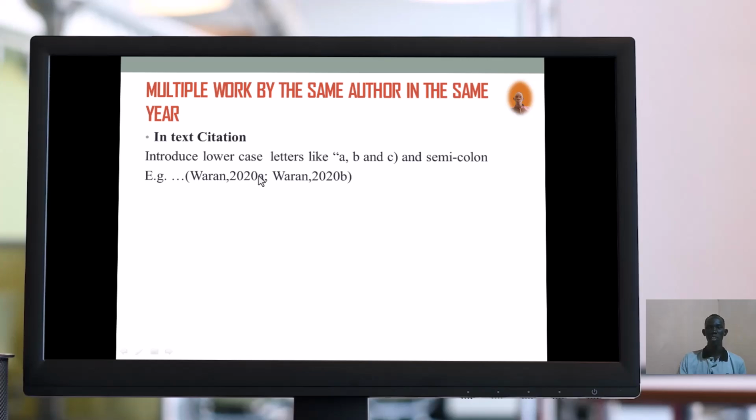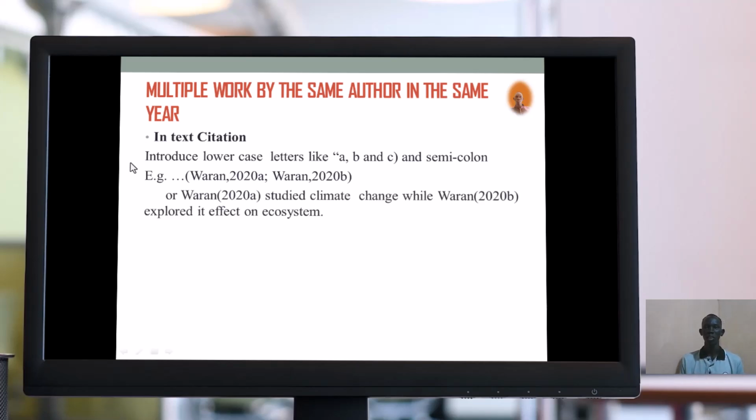For the year of publication, you can put the lowercase letter a, meaning this is the first publication. Then you put a semicolon. You put also the name of the author and the year of publication. You put b, meaning this is the second publication in the same year. Or you can use the narrative method.